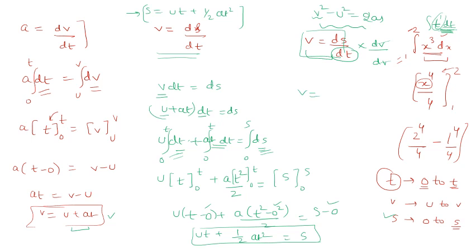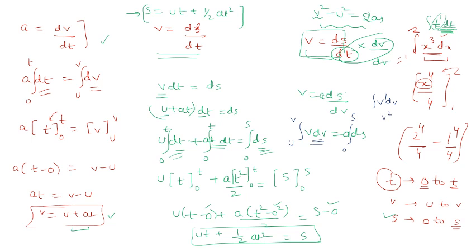Why? See, if you see this part, dv by dt, what is it? This is acceleration, change in velocity upon time, right? What is left? ds by dv, correct? You can take dv onto the left hand side, a ds, right? Now, if you integrate, here the limit will be u to v, because this is dv, and this will be 0 to s. So now you see v dv. For v dv, this is having power 1.